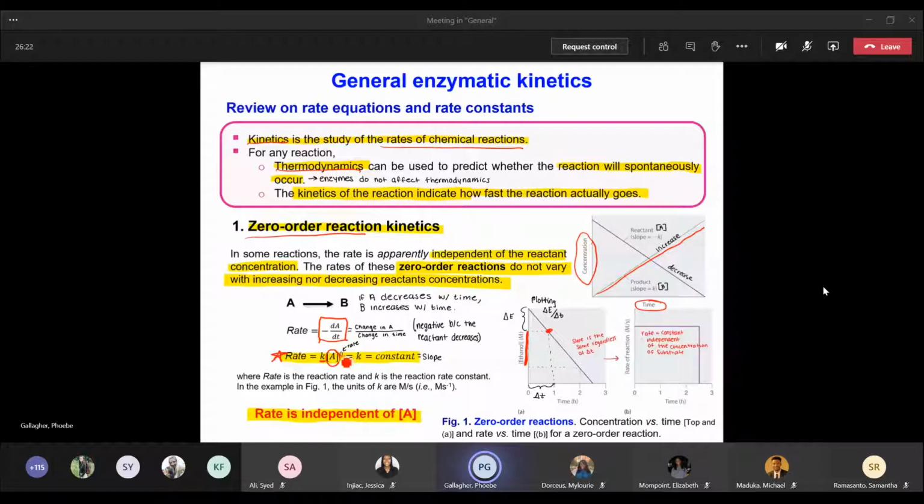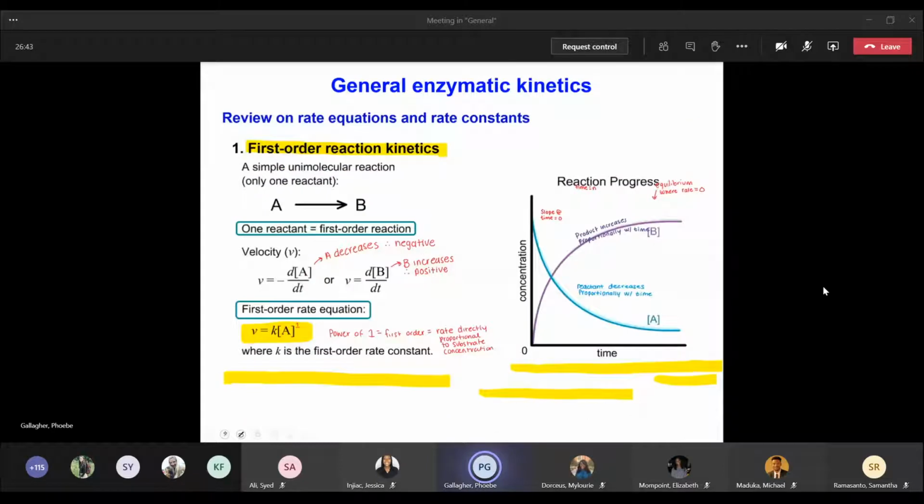Because it's to the zero power, and anything to the zero power is 1, the rate is only proportional to the constant. That allows it to be independent of the amount of substrate added. So you can add as much substrate as you want, but the reaction is going to progress at the same rate.